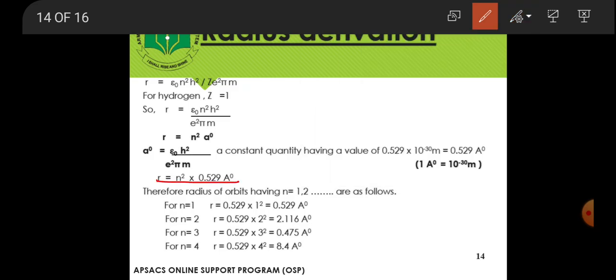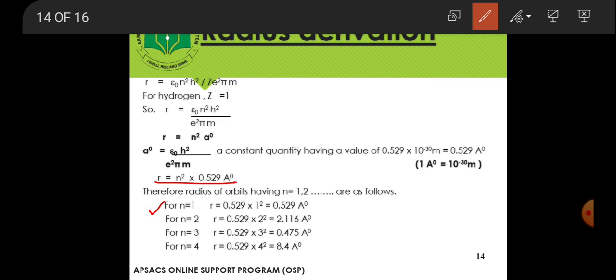So we will get the value of r. We will put the value of a naught, that is 0.529 angstrom, in this equation, and we will get the value of radius as r is equal to n square into 0.529 angstrom. So students, let's calculate the radius of first orbit of hydrogen atom.